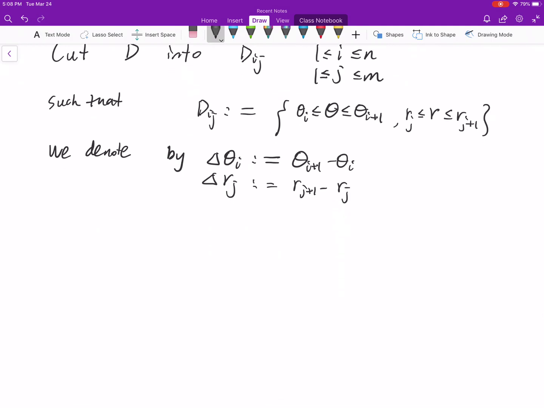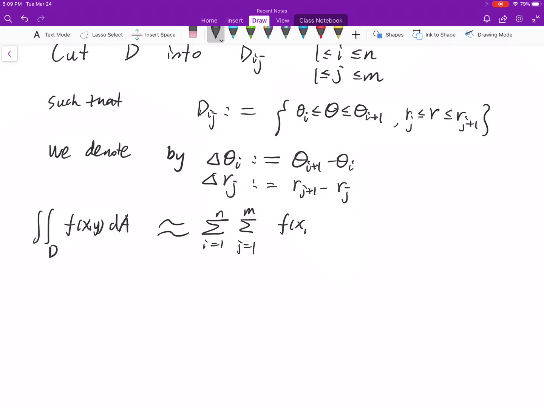Okay, now recall the definition of the integral. This is approximately the summation of small Riemann sums.